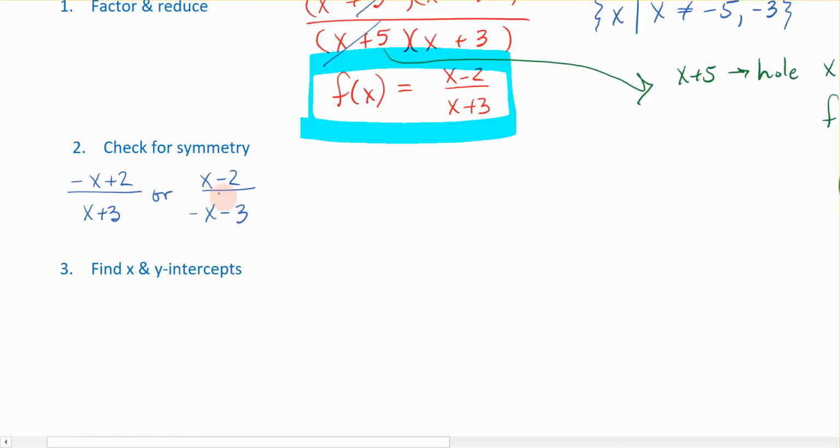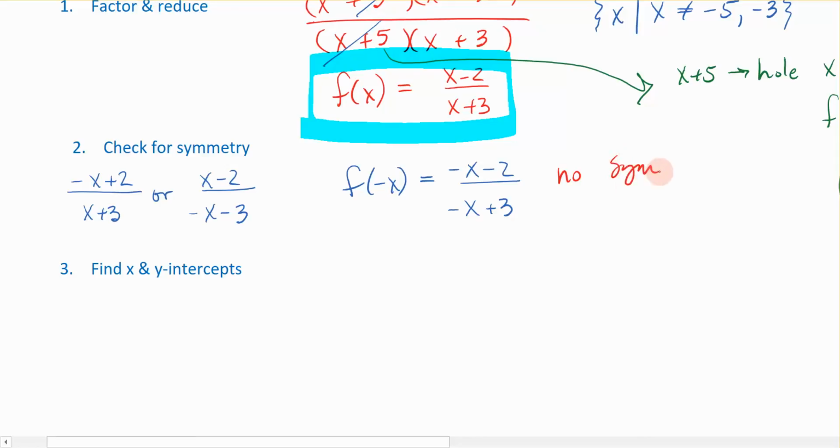Those are the two choices I'm looking for odd symmetry. So f of negative x would be negative x minus 2 divided by negative x plus 3. That's neither of these two cases. So I have no symmetry.